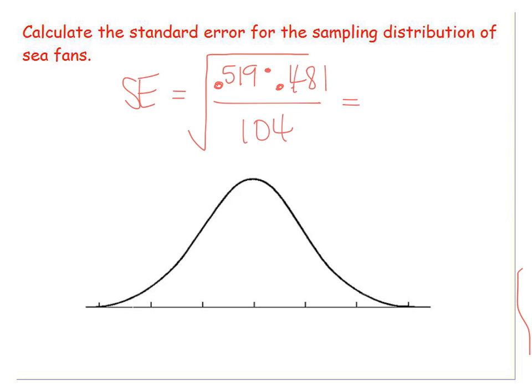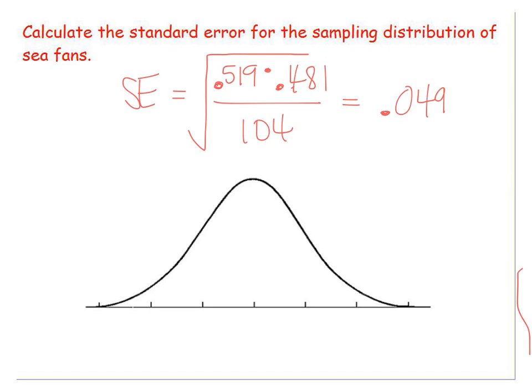So if you round, and remember we always go with two non-zero digits, I end up with 0.049. So we're thinking about this like standard deviation, but it's called standard error.